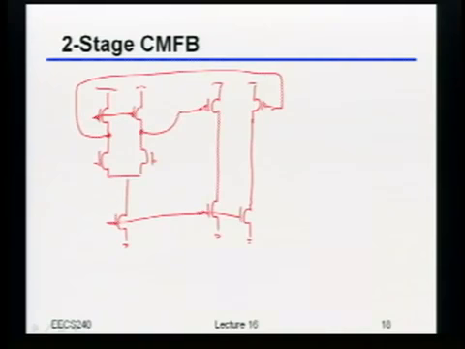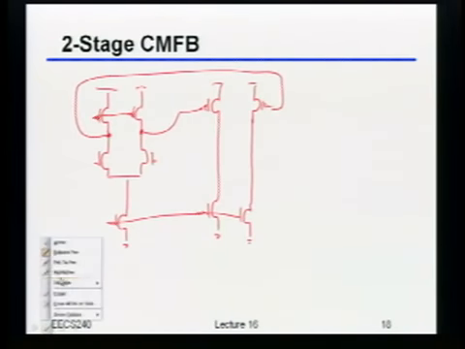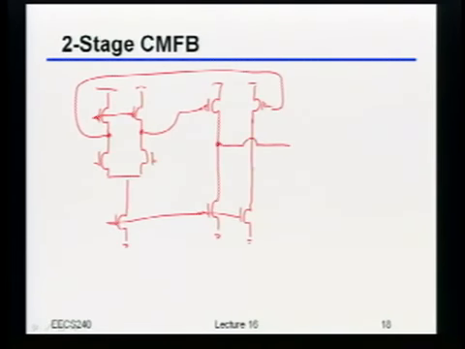And now, just because it's convenient, I'm going to tie the bias for all these current sources together. Because, hey, they're all just NMOS current sources, right? So why not just use them all together? And now I can say, well, my final output is over here.